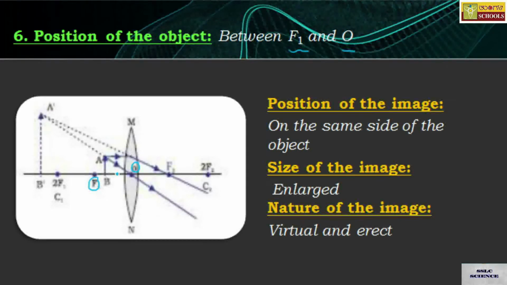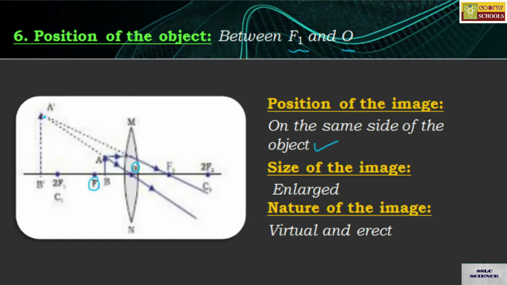It shifts behind the mirror, but this is exactly opposite. So anyway, whenever you bring the object between F and O this time, it shifts to the same side. In the mirror case, it was reversed, no doubt about that, behind the mirror. Anyway, you can compare. So the position of the image is on the same side of the object.